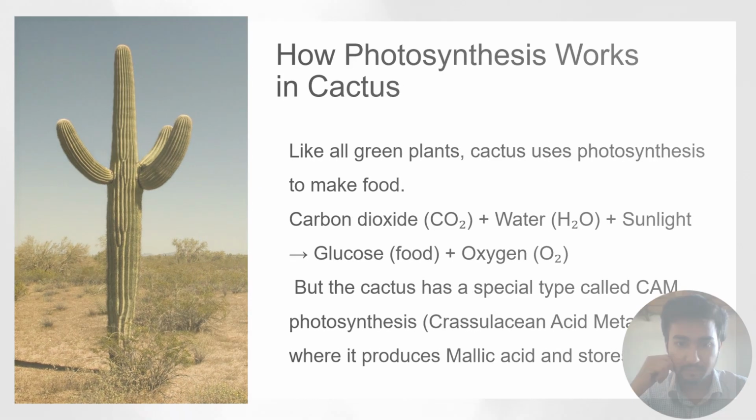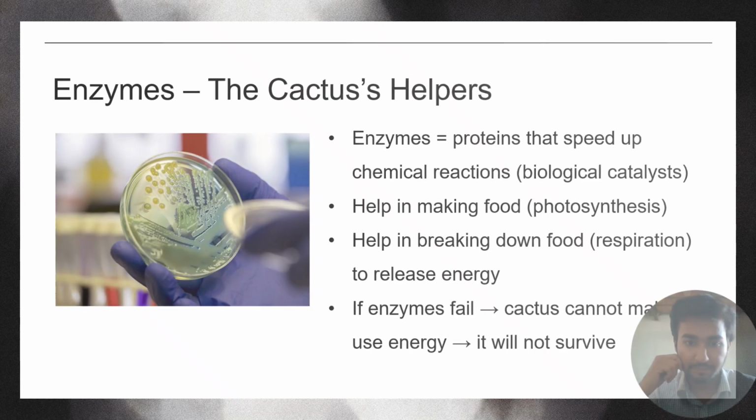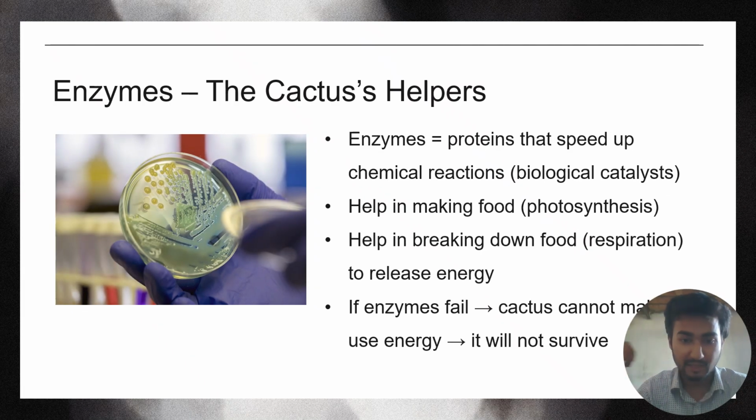Okay, so enzymes are the cactus's helpers. We can think of enzymes as little biological catalysts. They come in and help in chemical reactions. They help in making food, basically photosynthesis, and they help in breaking down that food during the respiration process to release energy.